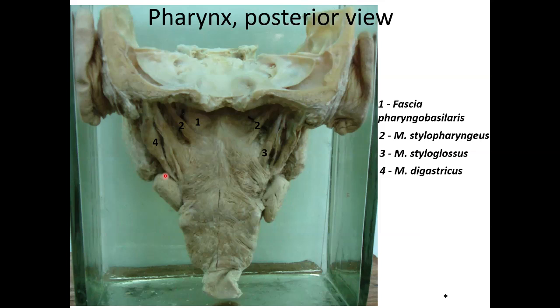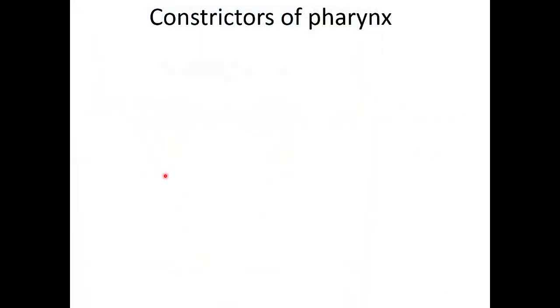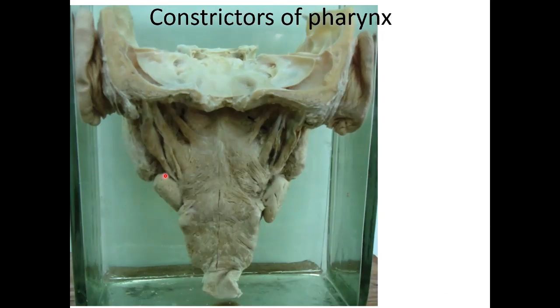And now the same picture with another designation. Number 1, what is it? It's the circular muscle of the pharynx, exactly musculus constrictor pharyngis superior. You can see that the direction of the fibers is oblique, directed from superior to inferior.